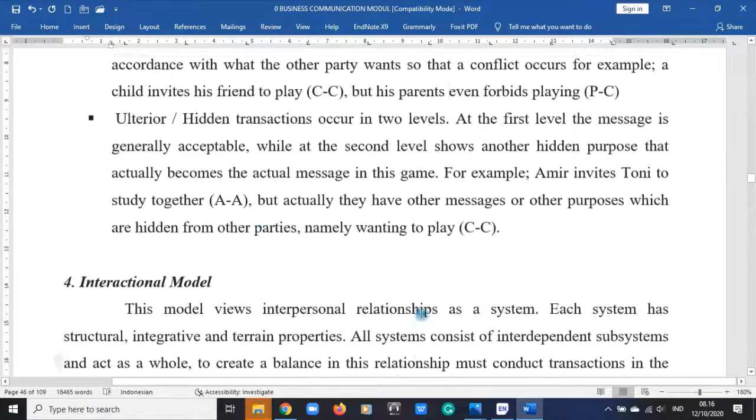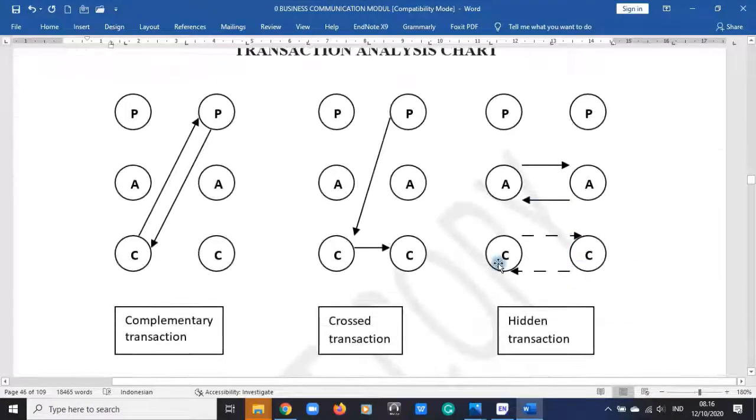And then the next part is the ulterior or hidden transaction, which occurs on two levels. At the first level, the message is generally acceptable, while at the second level, it shows another hidden purpose that actually becomes the actual message. For example, Amir invites Tony to study together, but actually they have another purpose hidden from other parties, namely wanting to play.